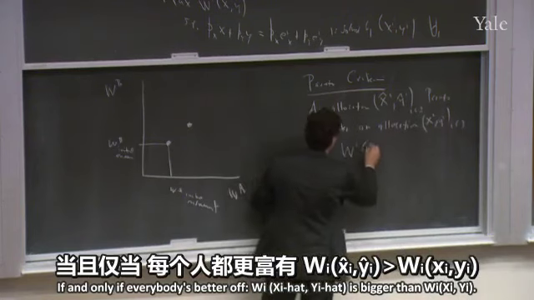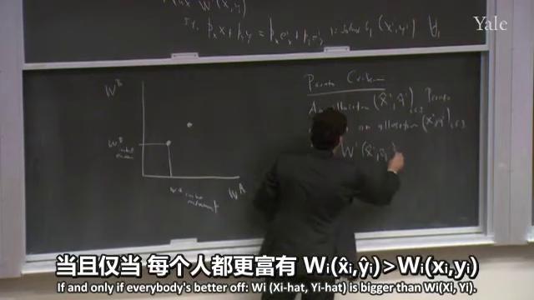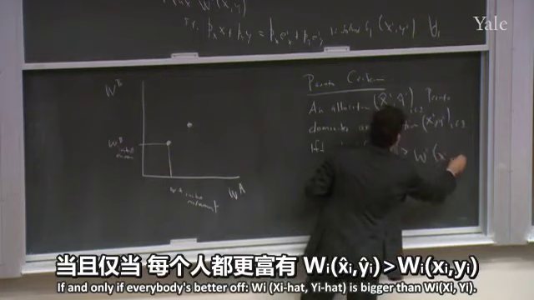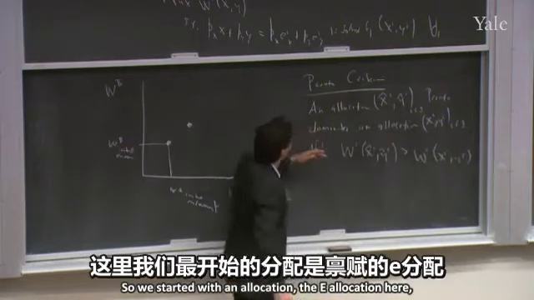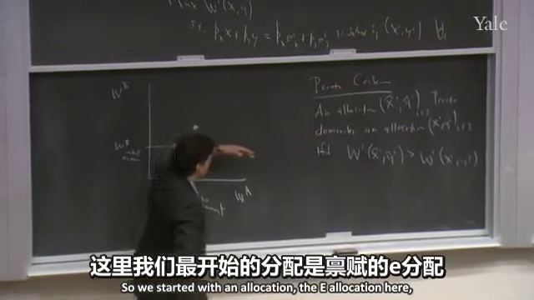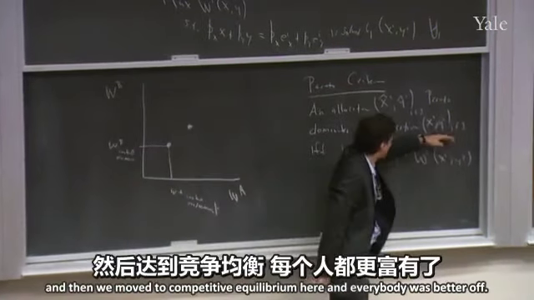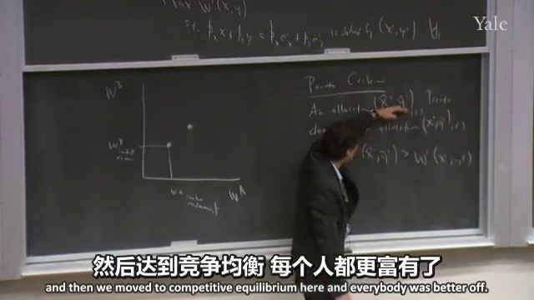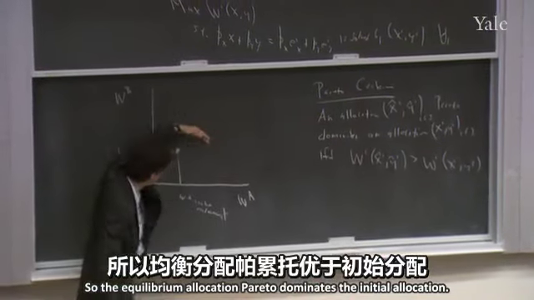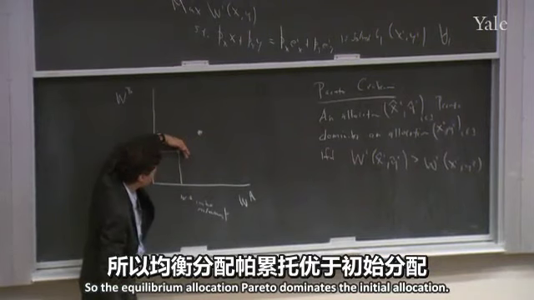Wi of x hat i, y hat i is bigger than Wi of xi, yi. So we started with an allocation, the E allocation here, and then we moved to competitive equilibrium here, and everybody was better off. So the equilibrium allocation Pareto dominates the initial allocation.